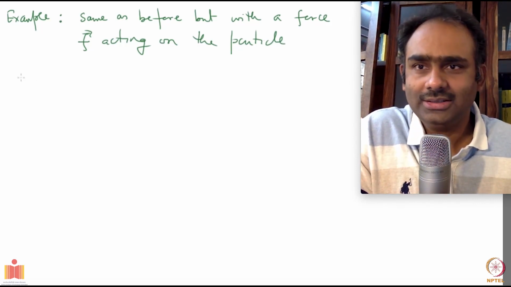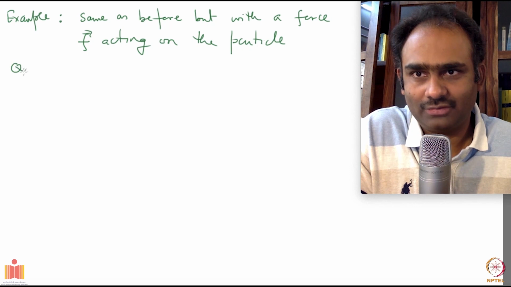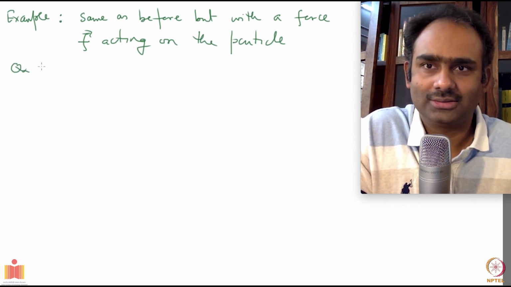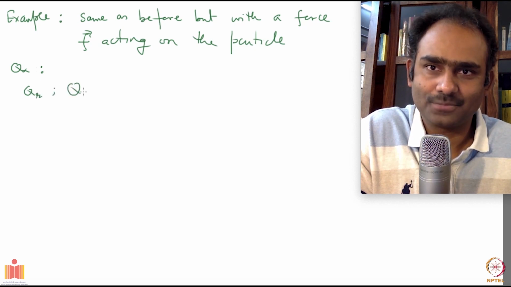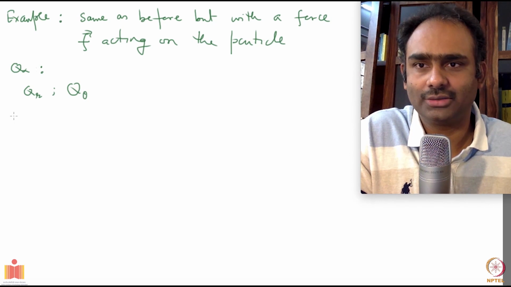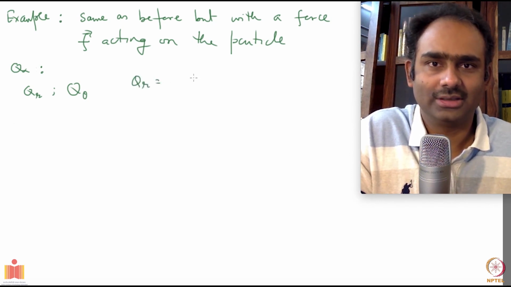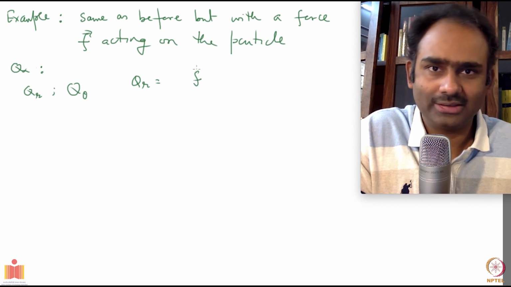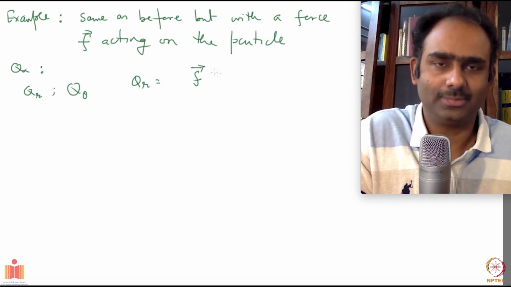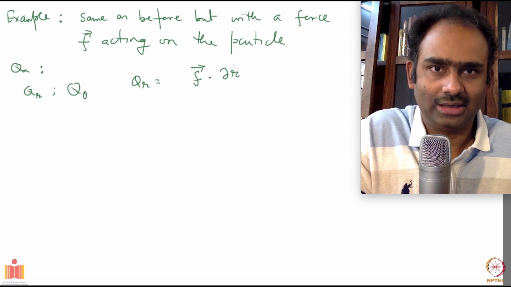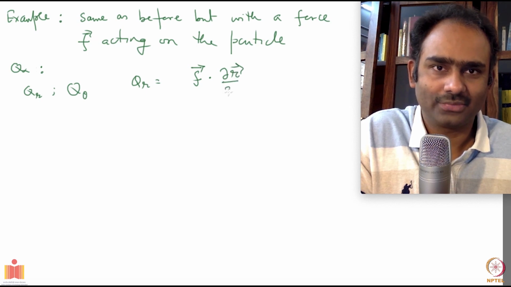Let's see. So I have to look at Q alpha, where in our present case it becomes Q r and Q theta. And what are Q r and Q theta? So Q r is F dot del R over del r.